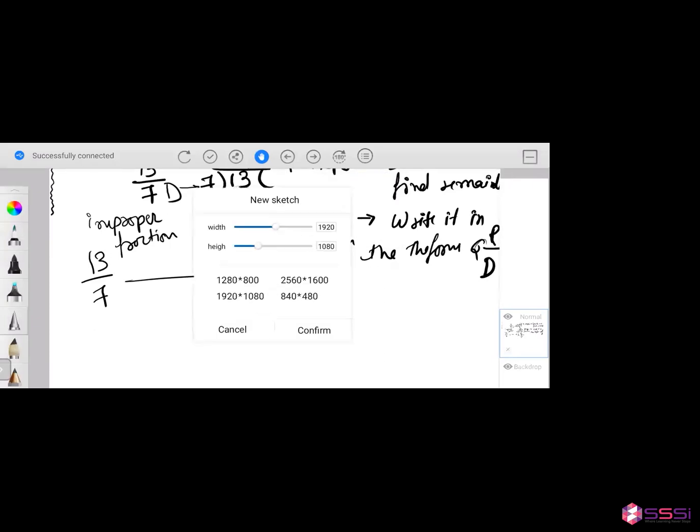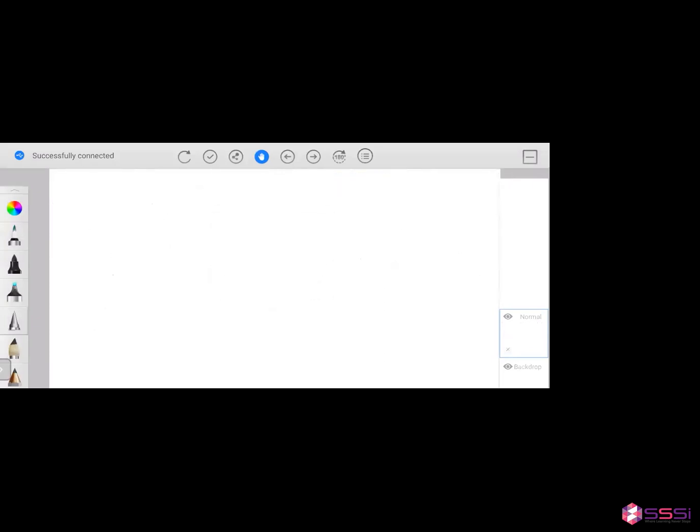So the next thing is how to convert an improper fraction into a mixed fraction.